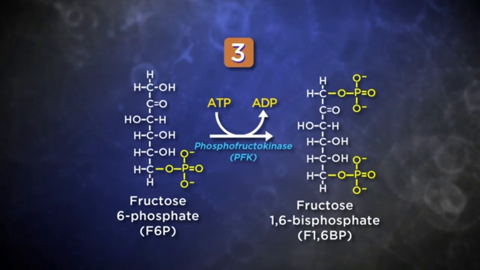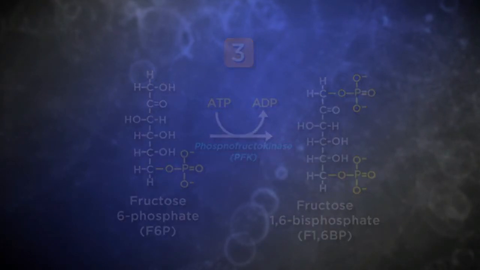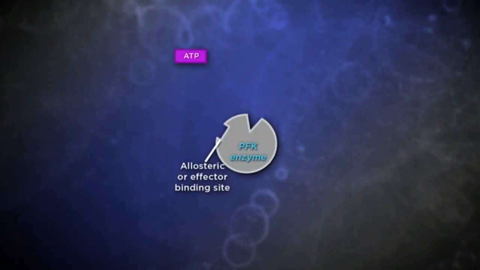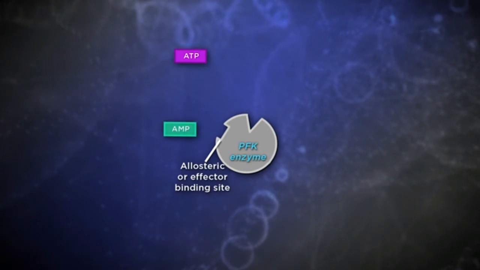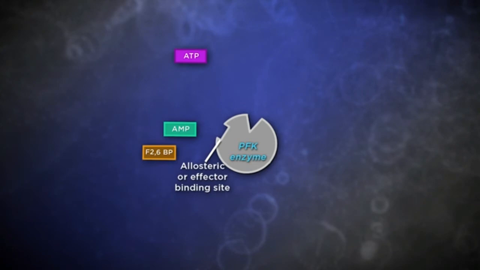It is the main stoplight for the pathway and is allosterically regulated by 3 different molecules. First, ATP. Second, a low-energy cousin called AMP. And third, a double phosphate molecule known as fructose 2,6-bisphosphate, or F26BP.